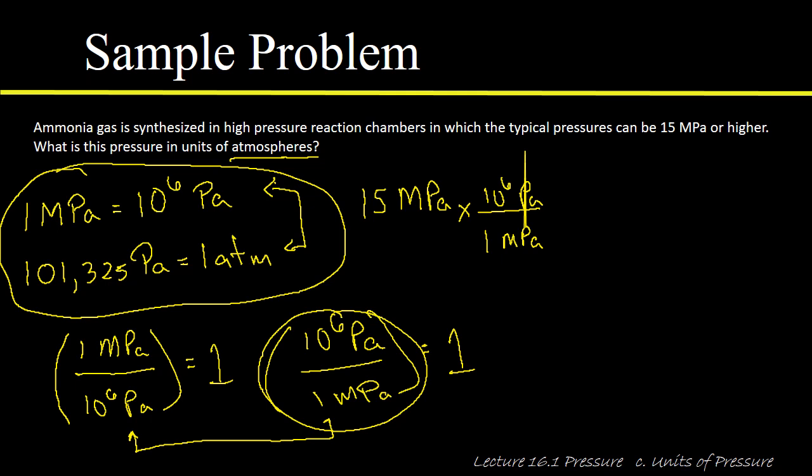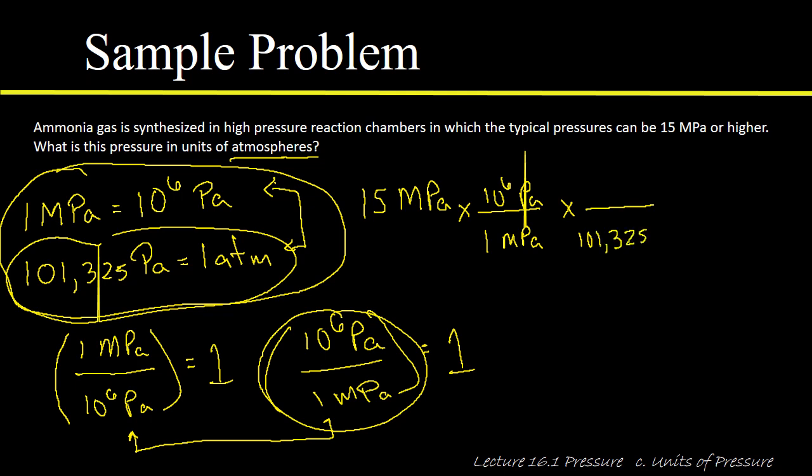And then we'll do a second step to convert between Pascal and atmospheres. So we'll make another conversion factor. In this case, we want pascals to cancel. So we'll write 101,325 Pascal in the denominator and 1 atmosphere in the numerator.